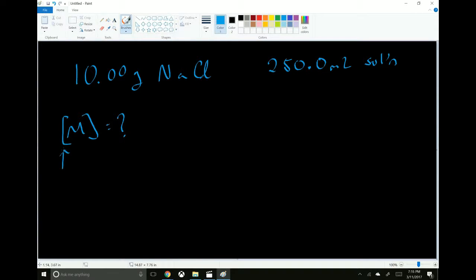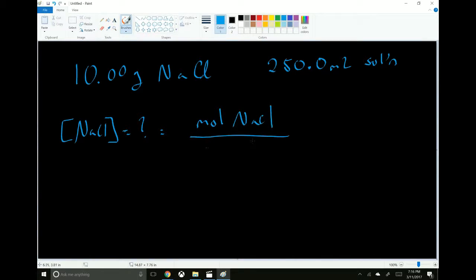These square brackets mean concentration of something. So, to be technically correct, this should be concentration of sodium chloride equals question mark. Well, it's going to be moles of NaCl divided by liters of solution.